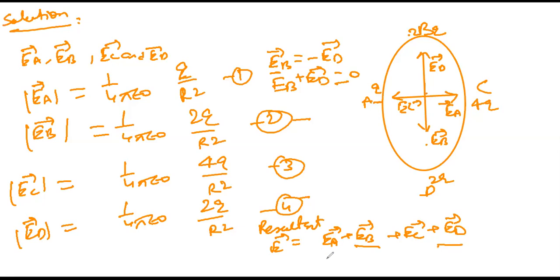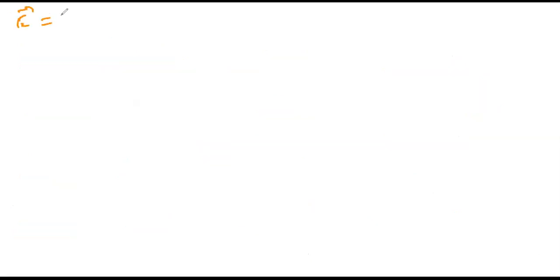You substitute the value of EA and EC. EA plus EC will be your resultant electric field. So absolute E is equal to EC minus EA, because they both are in opposite direction. So we'll put minus sign.